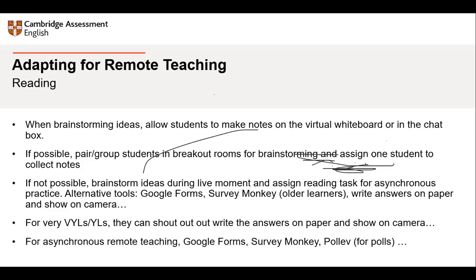And for asynchronous remote teaching, Google Forms, SurveyMonkey, you could also do polls, to see which possible answers or which answers students focused on most, and why you think that they go for that preposition and not for the other one.